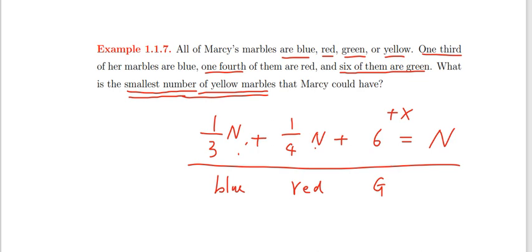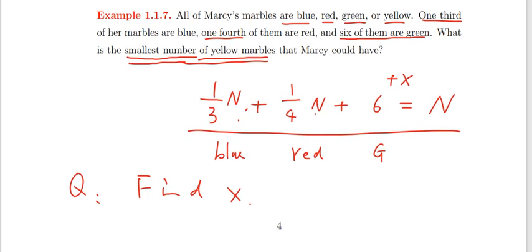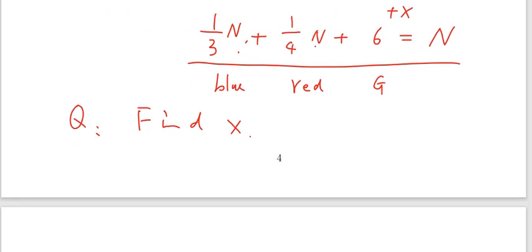So the question is to find x, and x can have many values, so we find the smallest x. Now let's solve this equation. We put n and x together.